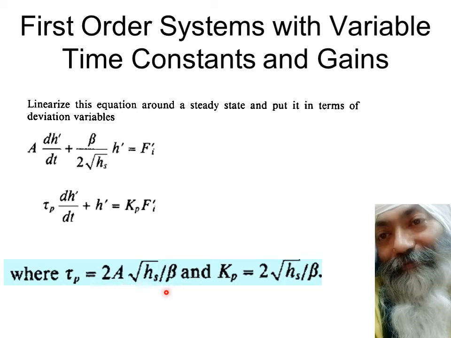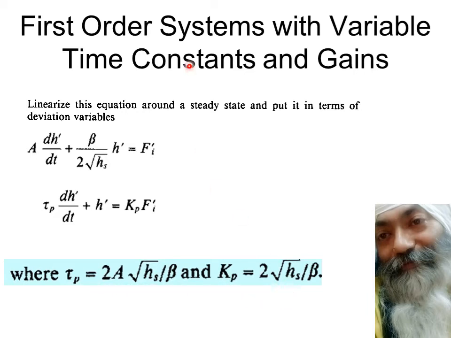That a is constant, beta is constant, and of course 2 is constant, but this tau p is now dependent on the height or level of the tank. And the level of the tank is changing continuously. As it's changing continuously, tau p is also changing continuously, and the value of kp is also changing continuously.